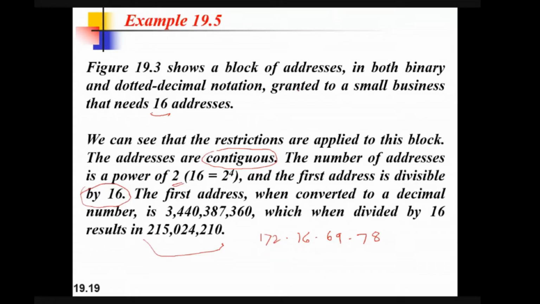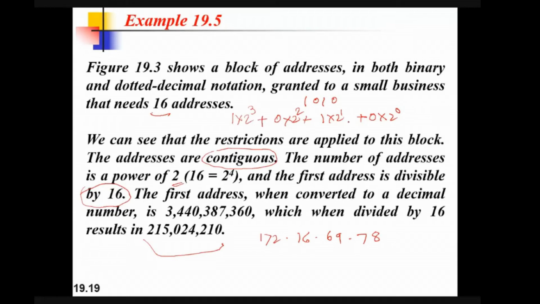If I have given you a number as 1010, how do you convert this number into a decimal? You write this expression, starting from the left: 0 into 2 raised to 0, plus 1 into 2 raised to 1, plus 0 into 2 raised to 2, then the remaining 1 into 2 raised to 3.